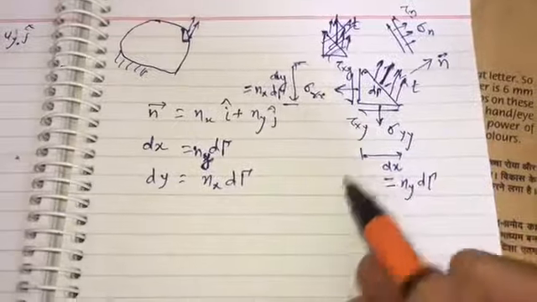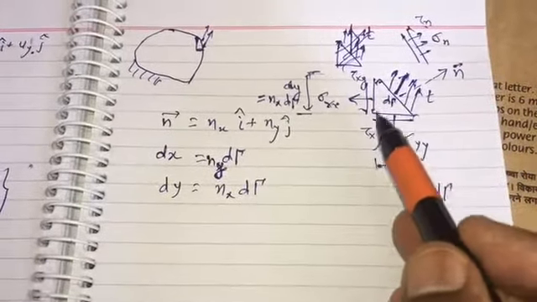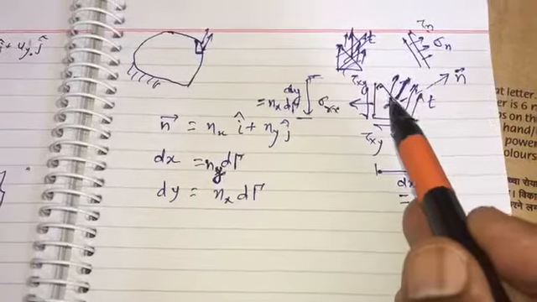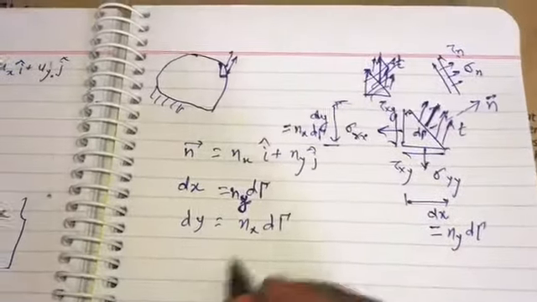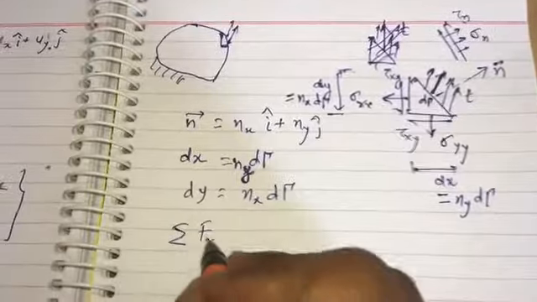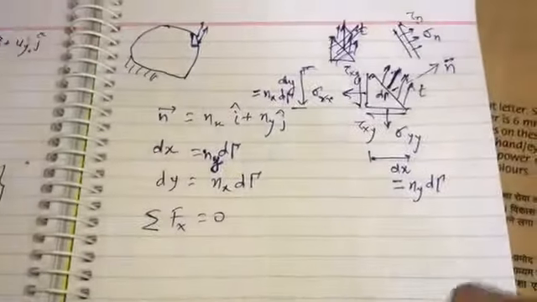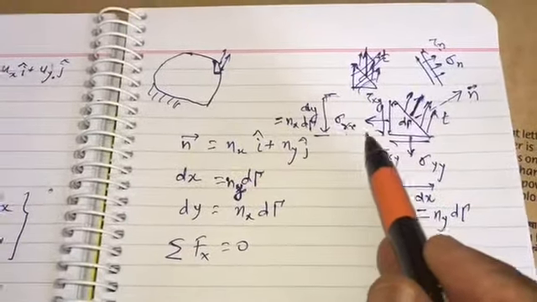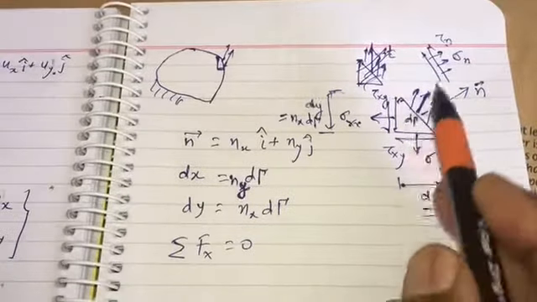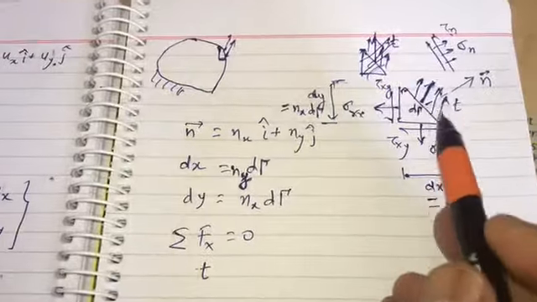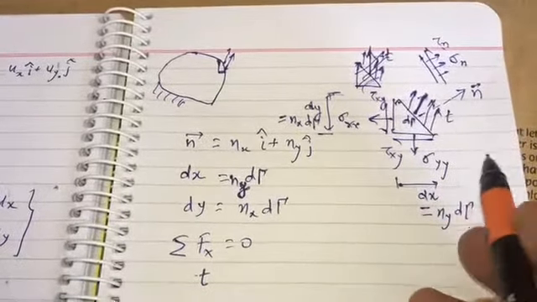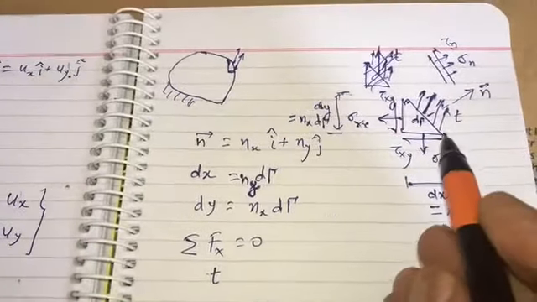Next we have to write the equilibrium equation of these forces. All the forces in the x direction have to equal 0, and what we find in this case is, this is t. So we write t in the x direction, tx.